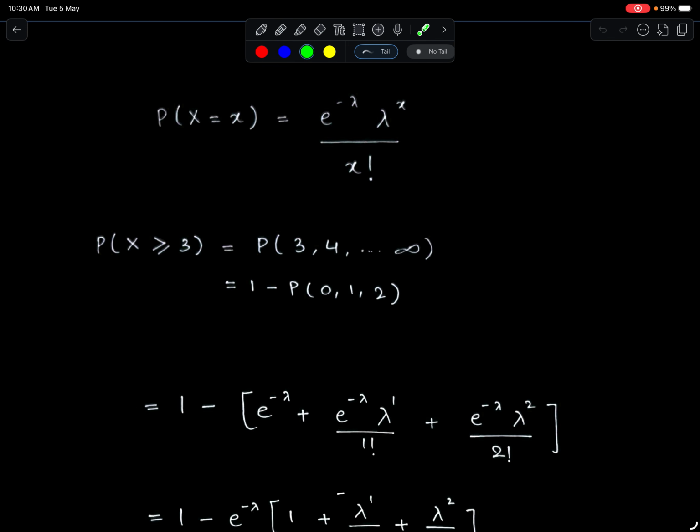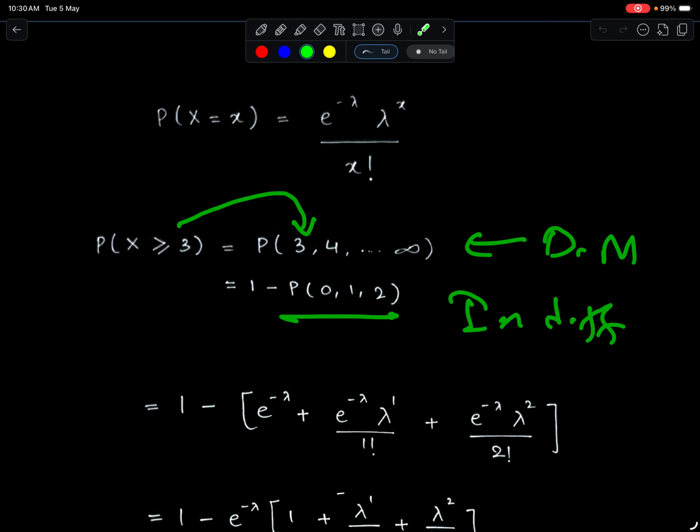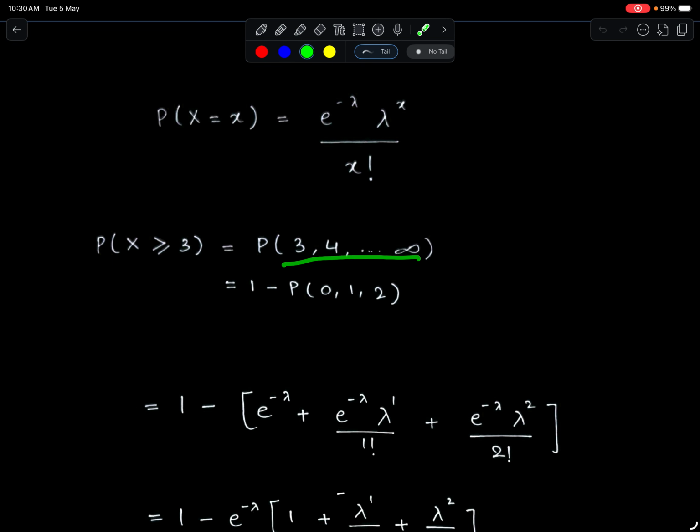How to find x greater than or equal to 3? We write 3 to infinity. Then obviously we can't find this, so we have to use the indirect method: 1 minus the numbers which are not in this list. This starts from 3. This is the direct method and this is the indirect method. In Poisson we always use the indirect method, but we write the direct method so that we can write these numbers correctly.